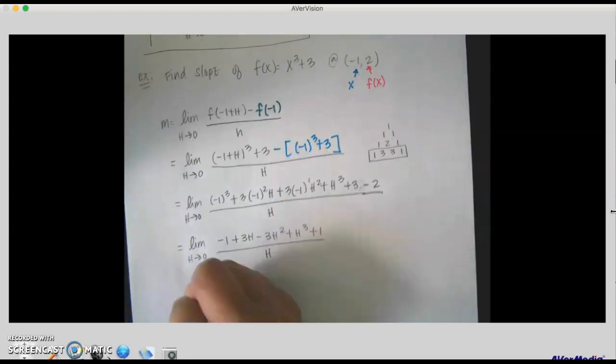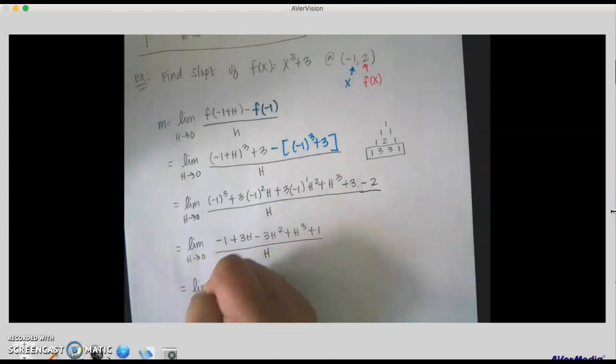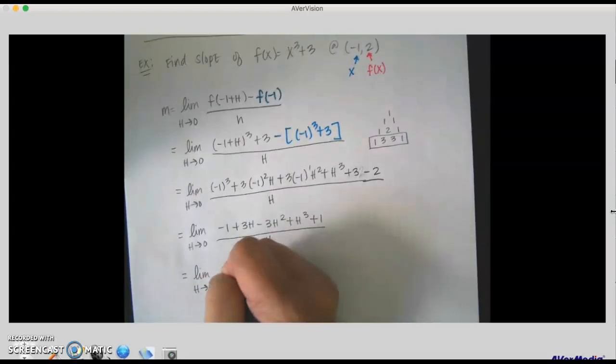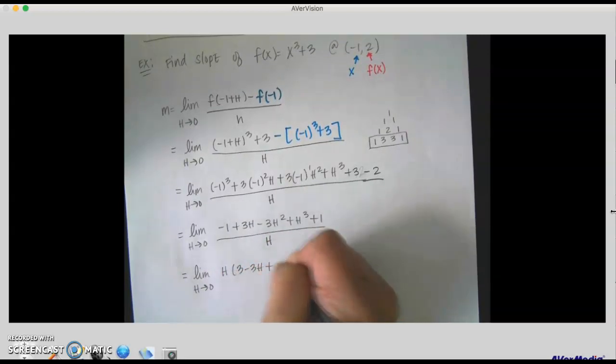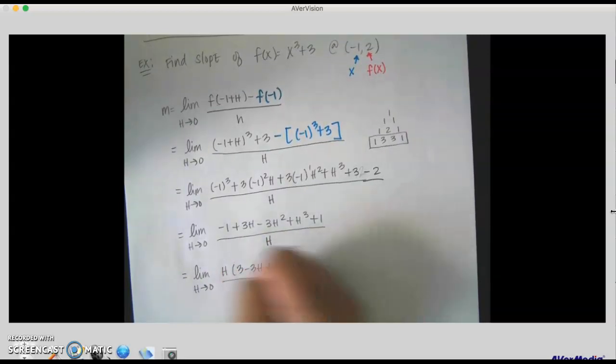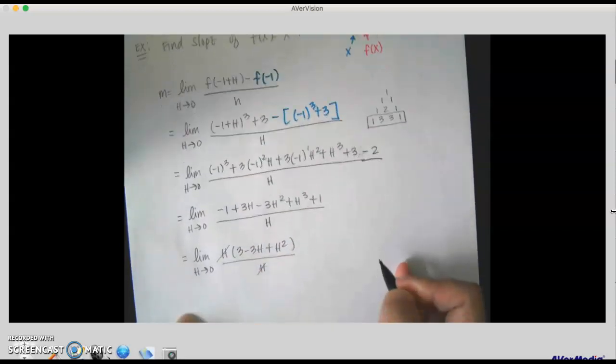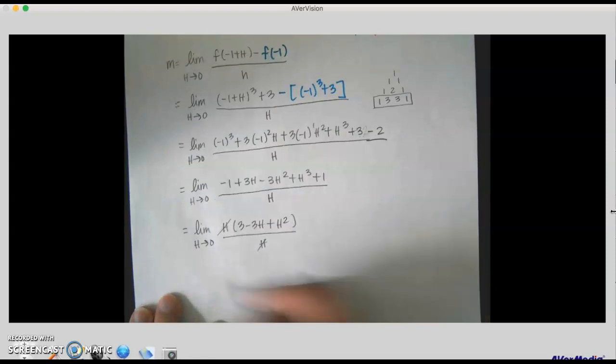So the 1s are going to cancel. And I'm able to take an h out of all the other terms. So these will cancel. Right, so remember that's where our hole is located.